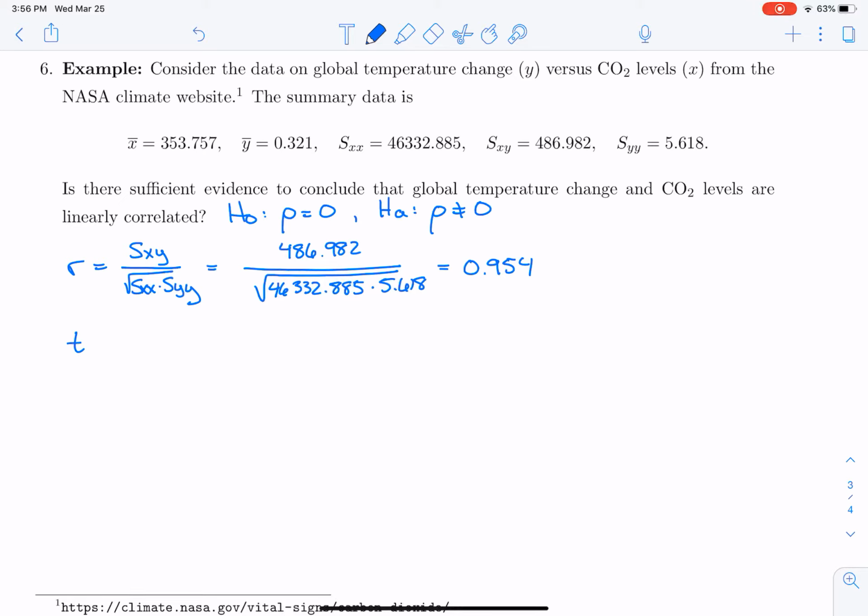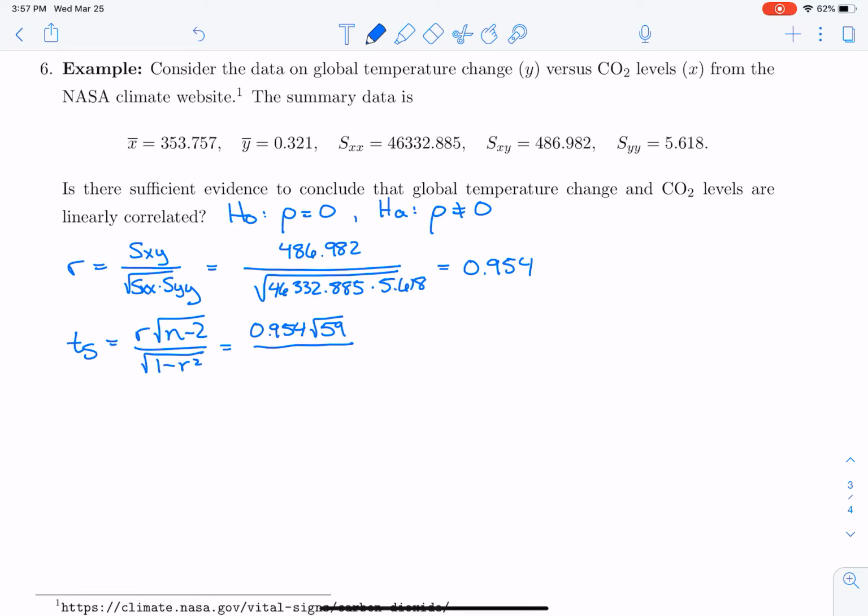Okay, what is our t statistic though? We want to make sure that it's not 0. So we're going to take r times square root of n minus 2 over the square root of 1 minus r squared. That's going to be 0.954 times the square root of 59.